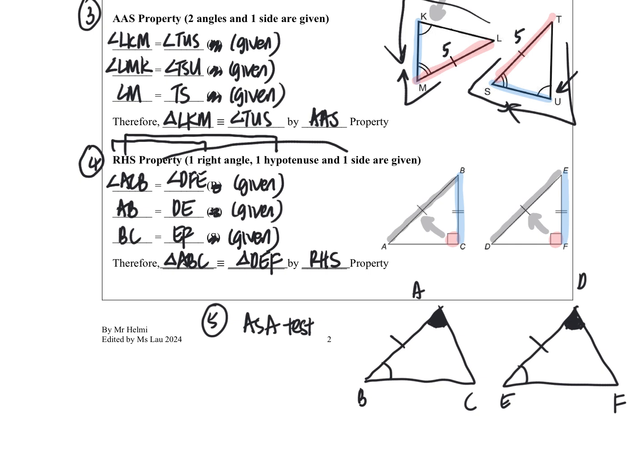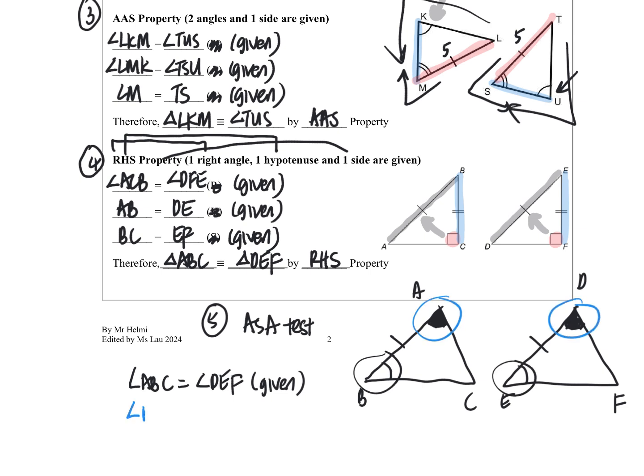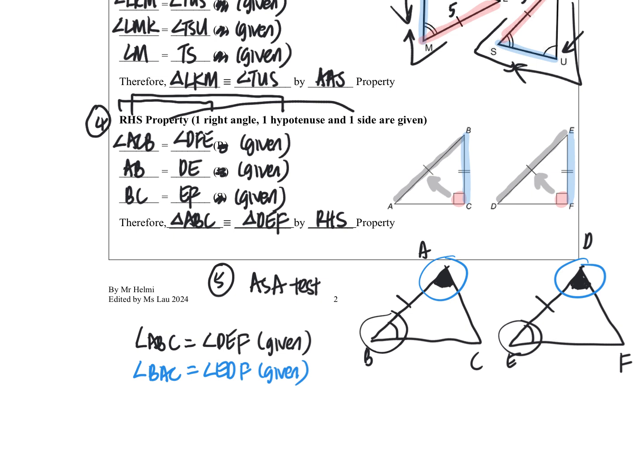So if you can show me that angle ABC equal to angle DEF, this is given. Then next pair we write down is BAC and EDF. Last one we write down is the side here. So you can write down AB is equal to DE.